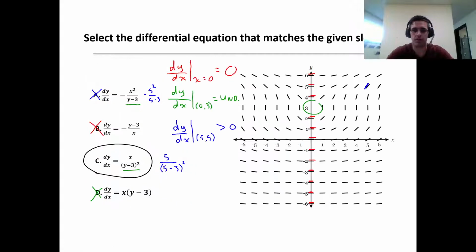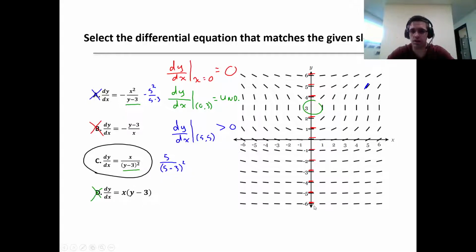Now if we flip that, you're given a slope field, and we have to ask, okay, which differential equation goes with this slope field? Then we have to come at this with a more careful eye. We can pick out individual points on our slope field and see if they correspond with the differential equations.